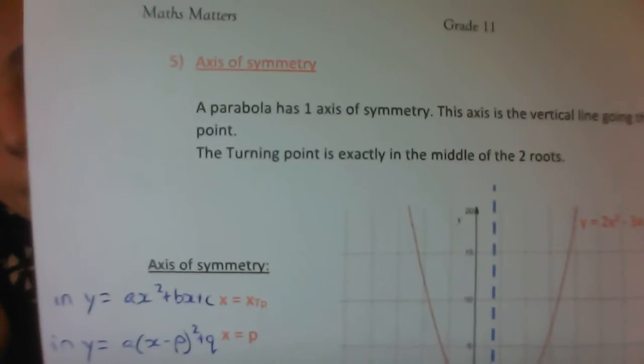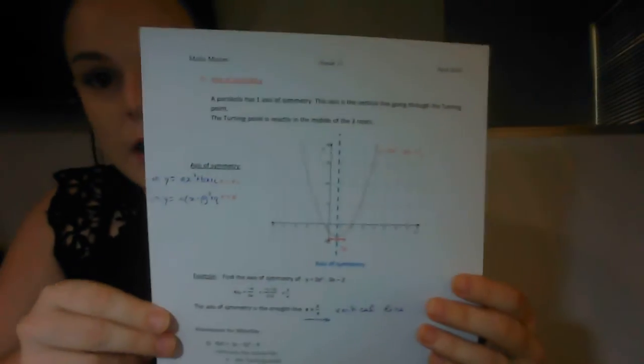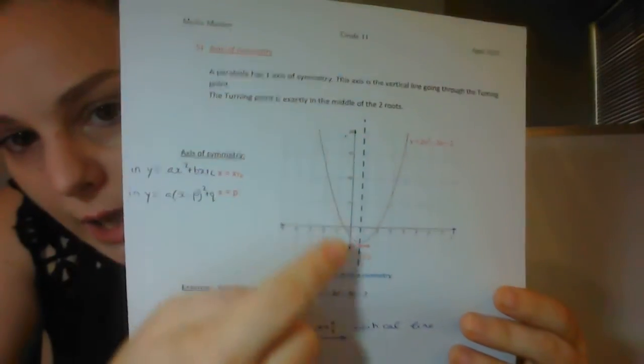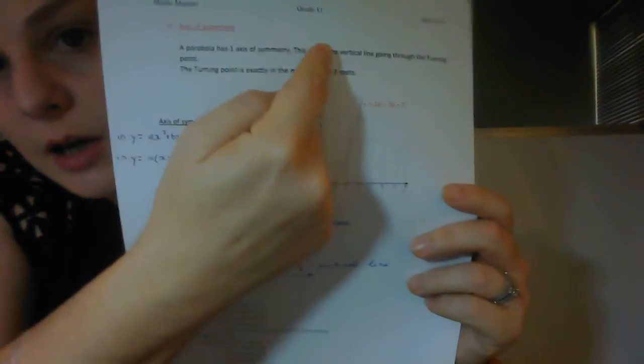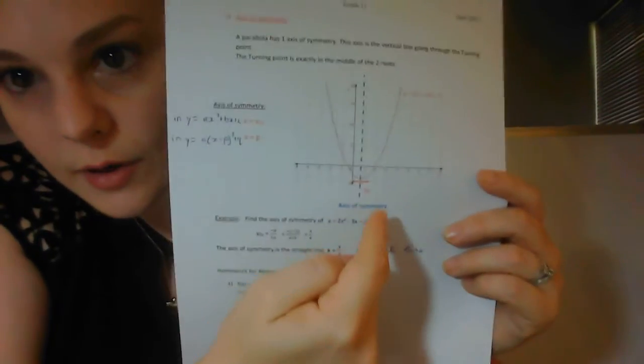Alright, and the last thing, that's the axis of symmetry. So a parabola has a U shape, facing up or facing down, which doesn't change the fact that there is an axis of symmetry going right in the middle of your graph.